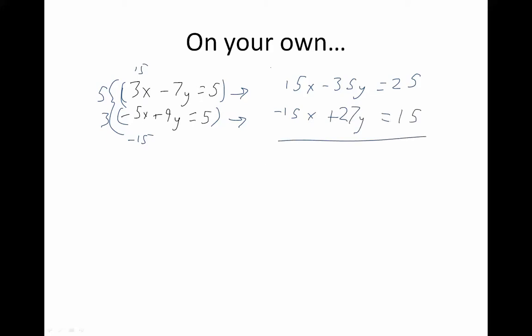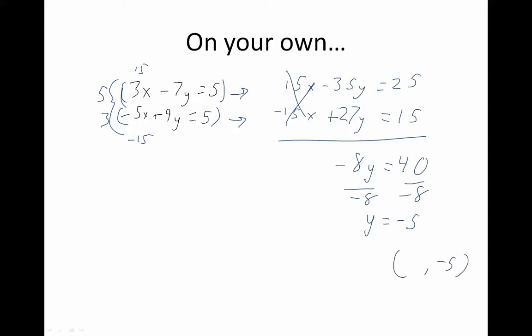And again, notice, after changing our equations around, we end up with this really nice situation. 15 minus 15, that makes 0, so x gets eliminated. Negative 35 minus 27 gives me negative 8y. And then 25 plus 15 makes 40. We're going to divide both sides by negative 8, and we're going to get y equals negative 5.